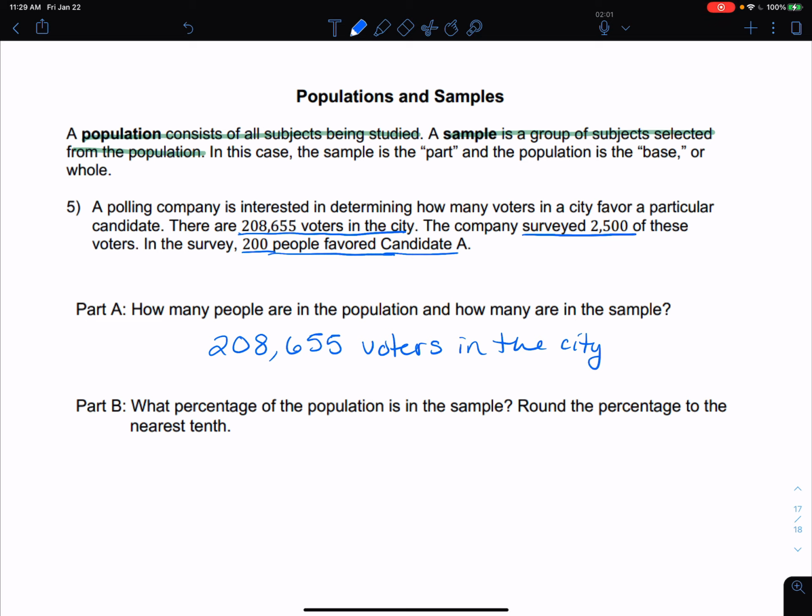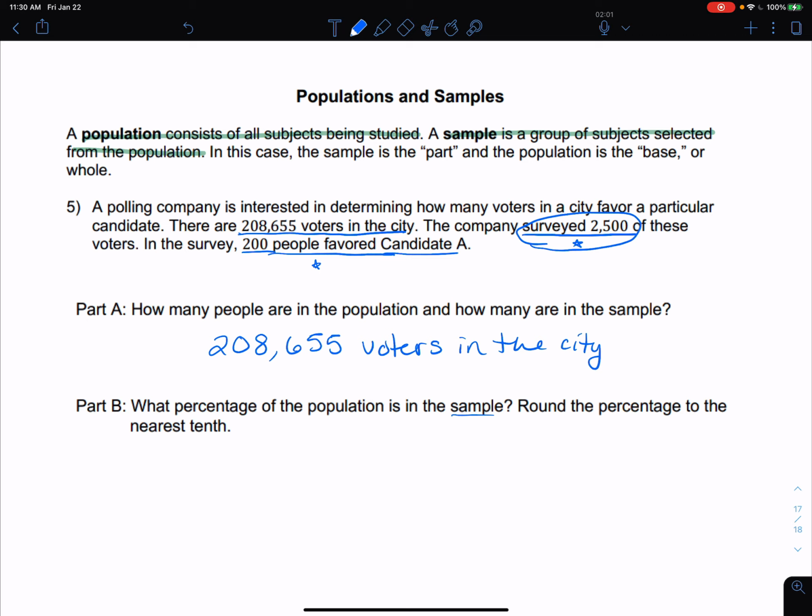For Part B, they ask us what percentage of the population is in the sample. Round the percentage to the nearest tenth. So, we already know the population. Now we need to figure out what's the sample. So we have left over how many people were surveyed, and then within the survey, how many people favored candidate A. So the sample is the one selected from the population. So this survey is the sample.